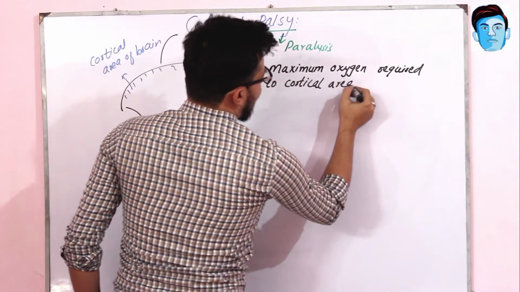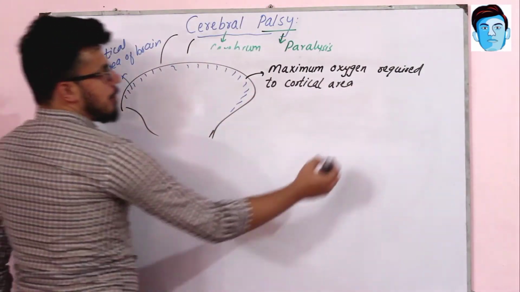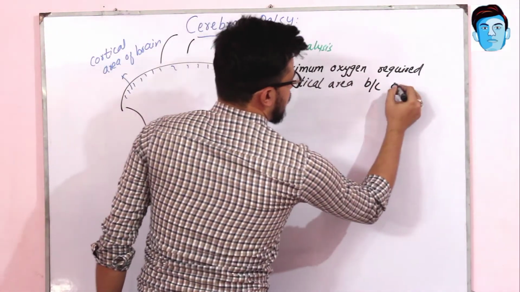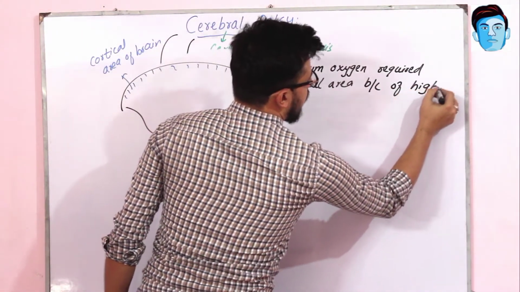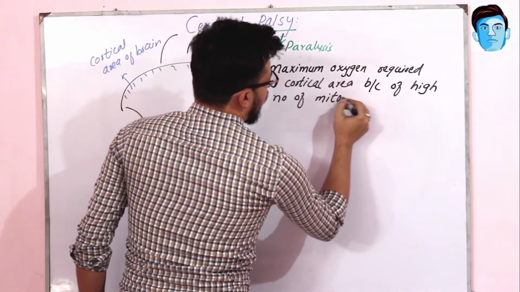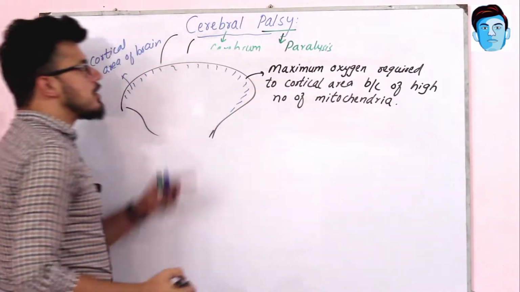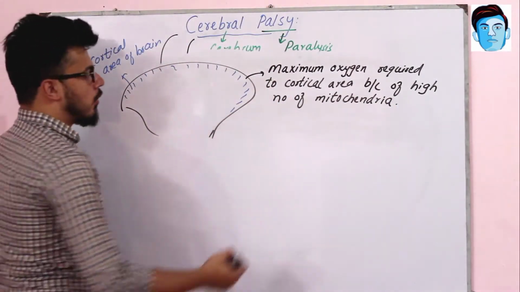Why is it so? Because of the high number of mitochondria. Now let's say the oxygen supply is altered, what happens?